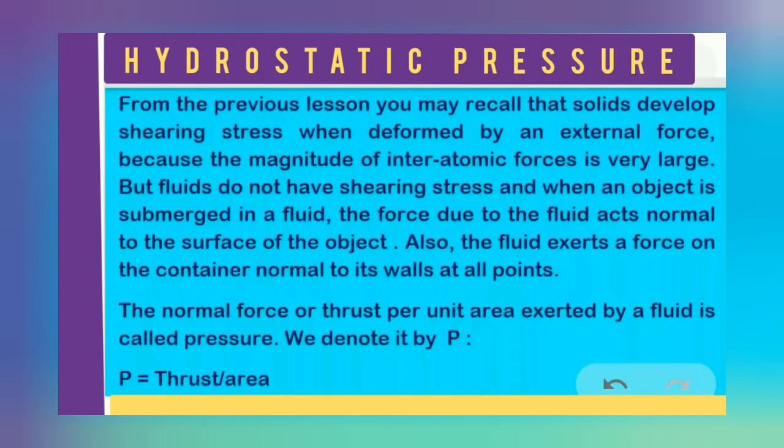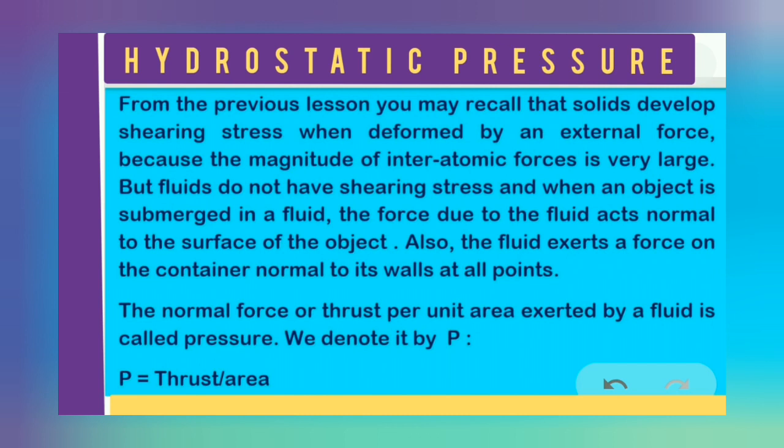In the previous lesson, we discussed that solids develop shearing stress when deformed by an external force because the magnitude of interatomic forces is very large. But fluids do not have shearing stress, and when an object is submerged in a fluid, the force due to the fluid acts normal to the surface of the object.